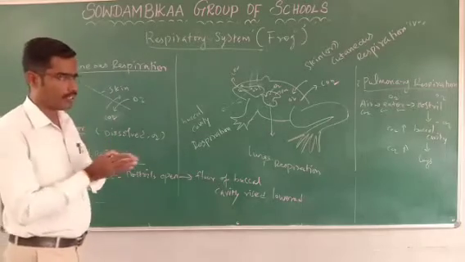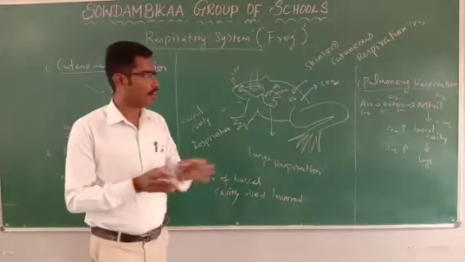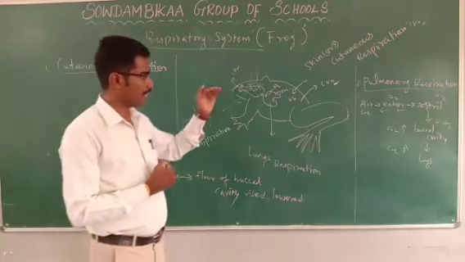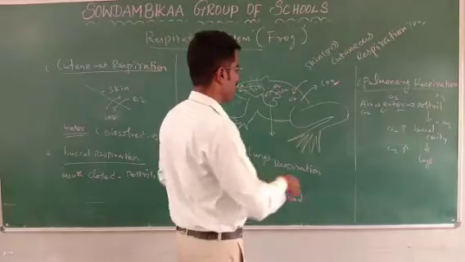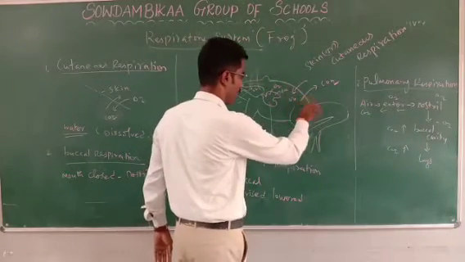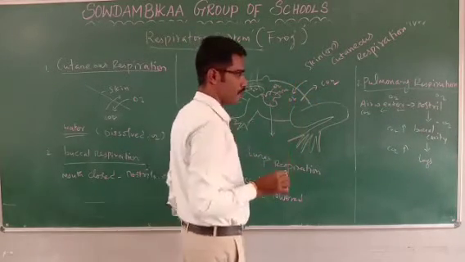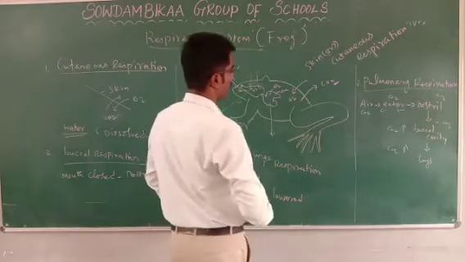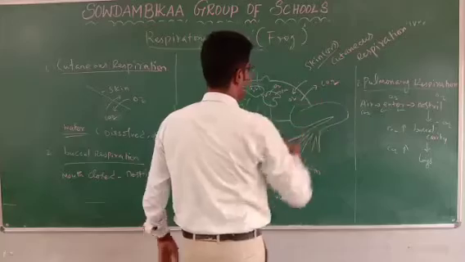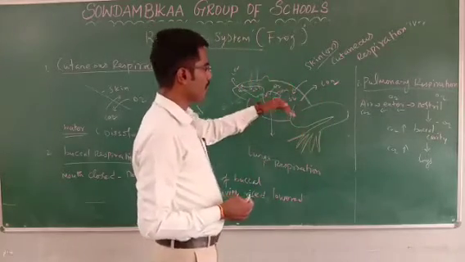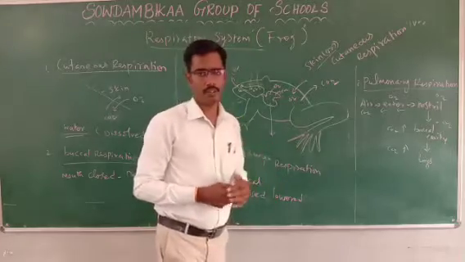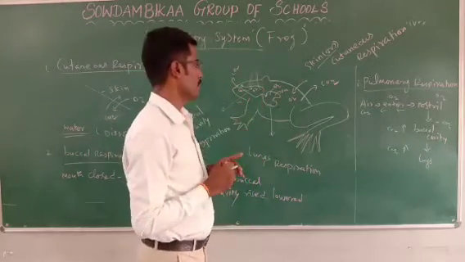During cutaneous respiration, when the frog is living on land, the atmospheric air meets the frog's body, which is moist in nature, with a thin and moist skin outside. So the exchange of gases occurs via the moist skin. That is one type of cutaneous respiration on land.